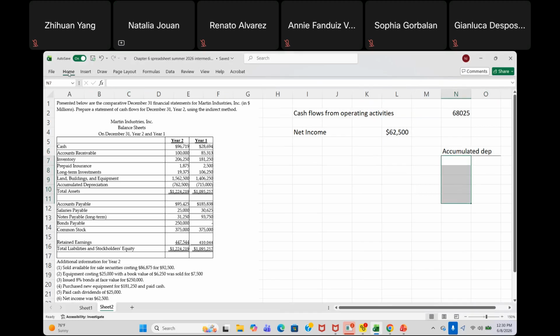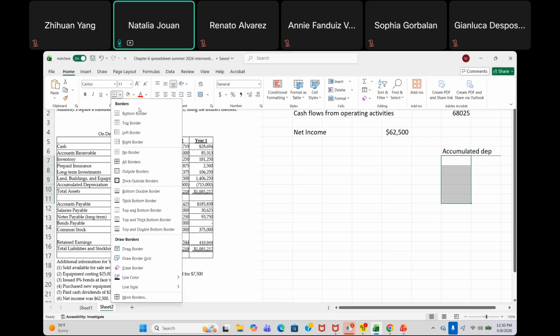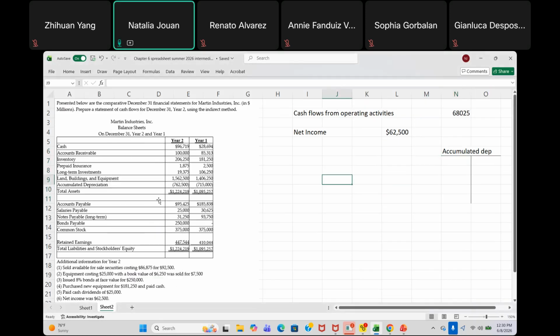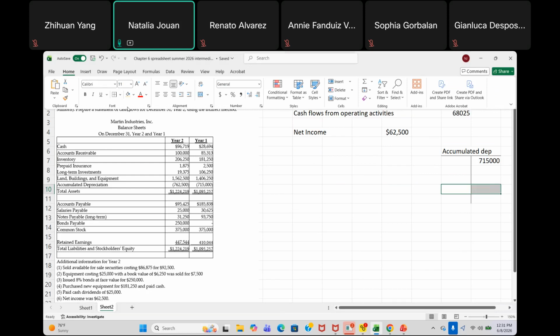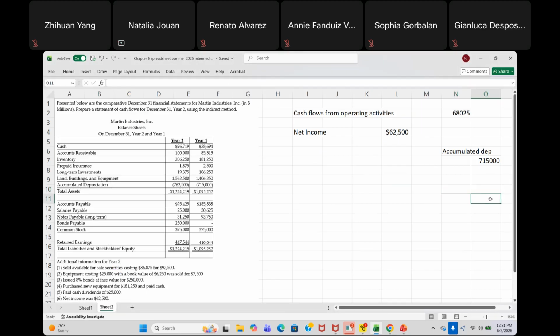Let's look at it this way, just a fun way to see it too. So what do we have? We have a beginning balance of 719. Remember, accumulated depreciation has a credit balance, and we have an ending balance of 762,500.